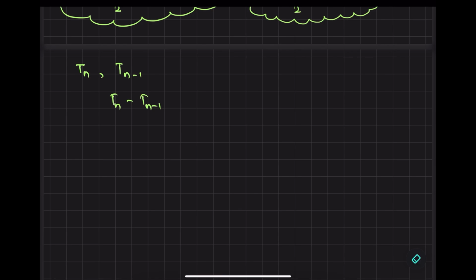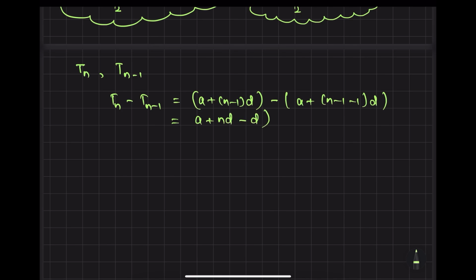So try to break down this part. So we have a plus n minus 1 d minus a plus n minus 1 d. Here n will behave as n minus 1. Okay, now you can open the bracket, a plus nd minus d minus a plus nd minus 2d.